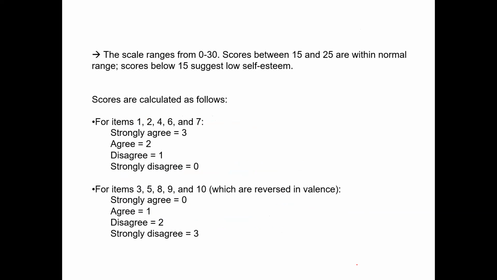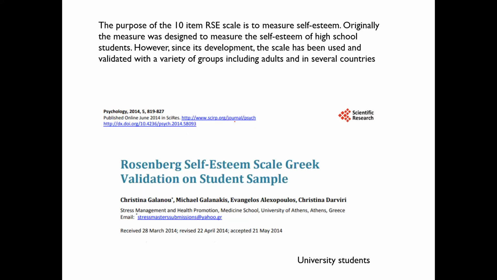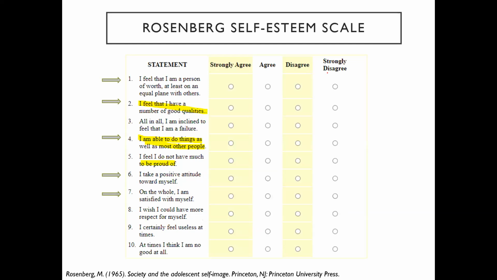This is just how we score a scale. Usually in a scale you have Likert types, so strongly agree, agree, disagree, strongly disagree. You can have a score for each question. For example, here, strongly agree is 0, agree is 1, disagree is 2, strongly disagree is 3.